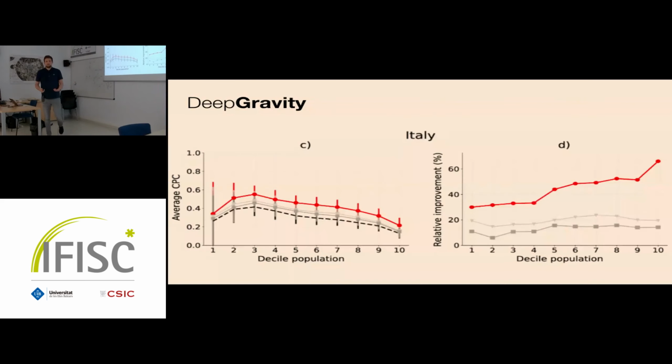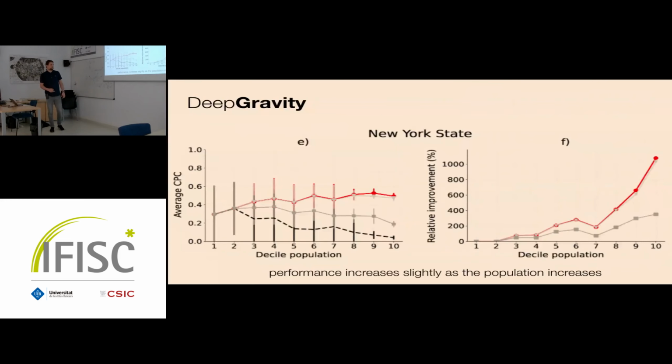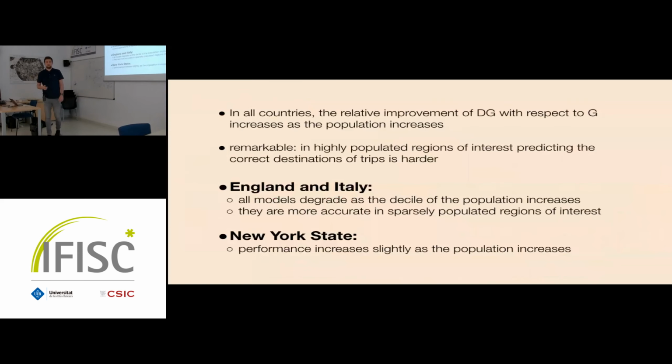And again, also in Italy, and then also in New York. So this is the result for New York, where you can see that, differently from before, the performances are more or less stable, but the relative improvement actually increases over the cities, basically.